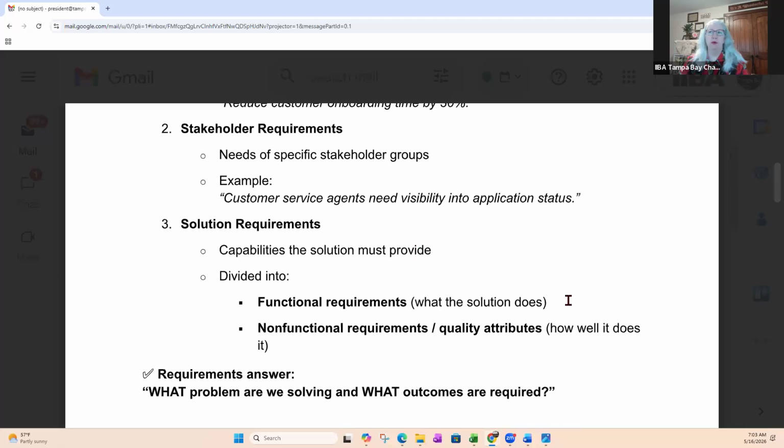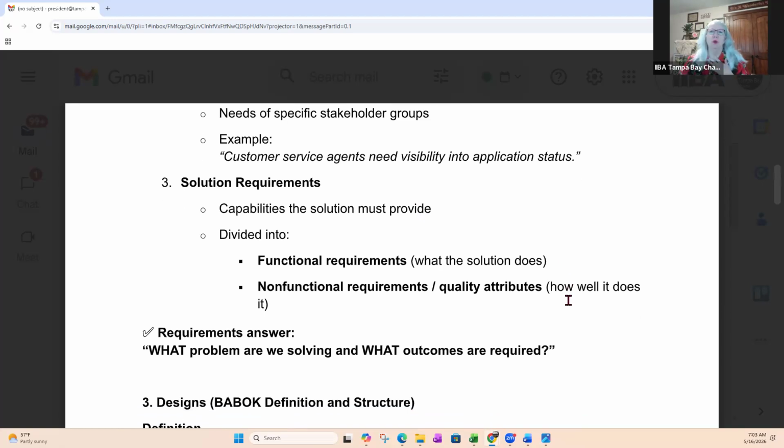Functional is what the solution does, and non-functional, the quality attributes, is how well it does it: how fast, how tall, what color. Those are non-functional. So the requirements answer what problem are we solving and what outcomes are required.